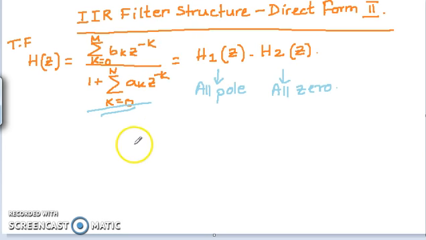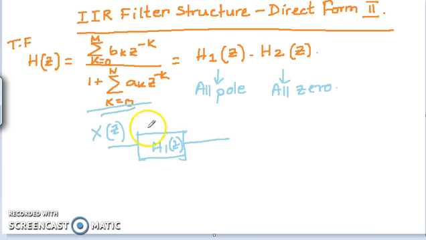So if I draw the total IIR system, I am dividing it into two parts. One is H1(z), where we have all the poles, and the input to the system is X(z). The intermediate part links H1(z), which is all poles, and H2(z), which is nothing but all the zeros of the system.